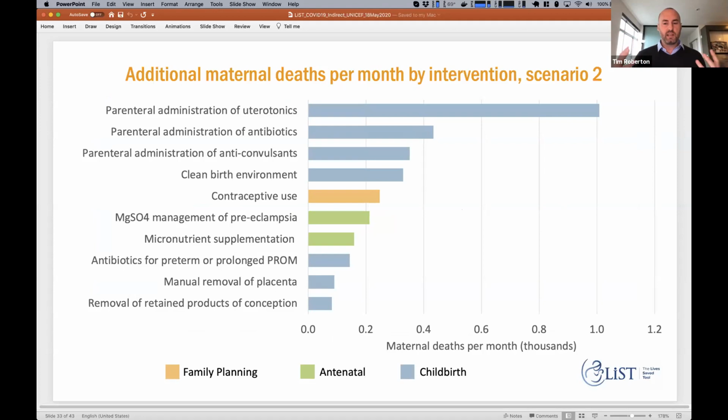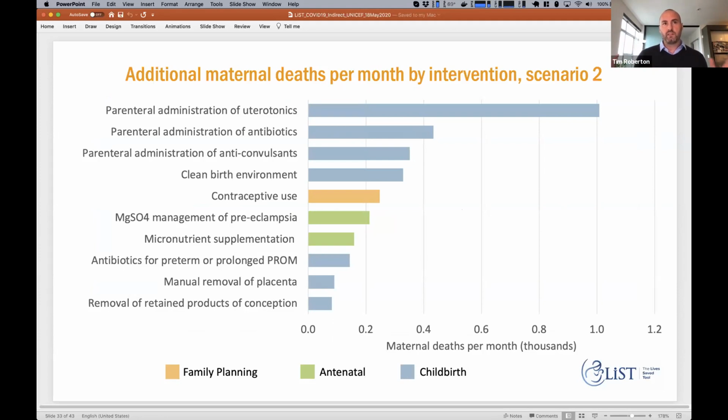Beyond simply presenting aggregate numbers and saying that we expect this many additional deaths, which obviously is important for advocacy and for people to get a reference point for what the costs are in terms of maternal and child health, there is one further aspect to the analysis that we were able to do, which was to look at intervention-specific additional deaths.